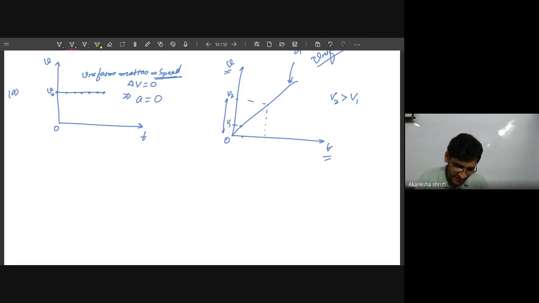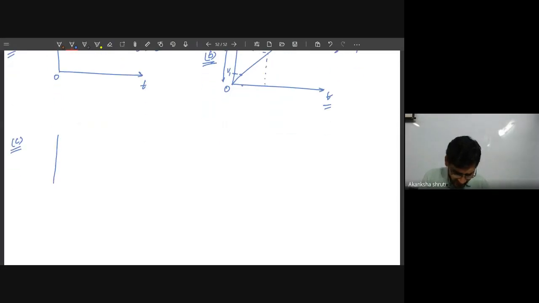Student, the third possibility is that the speed is increasing but not uniformly. If I consider like this, here initially the object starts from origin or from rest. Initially, in this time interval, the increase in speed is very small.